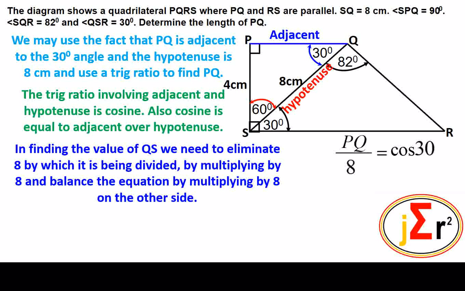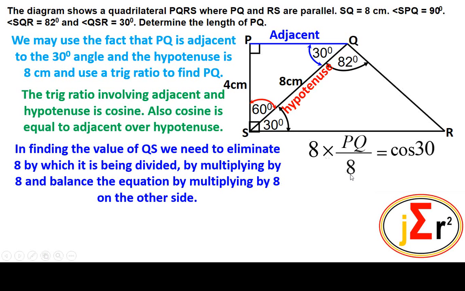How do we eliminate this 8? Since PQ is being divided by 8, we therefore need to multiply by 8 in order to eliminate that 8, having a cancelling effect on the 8 that we have here.